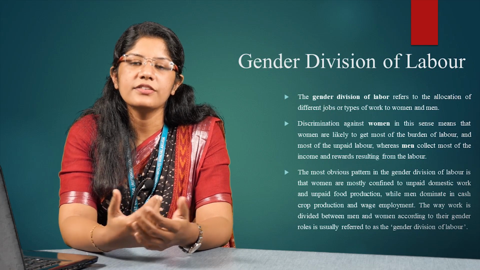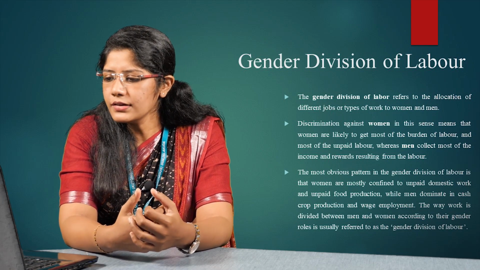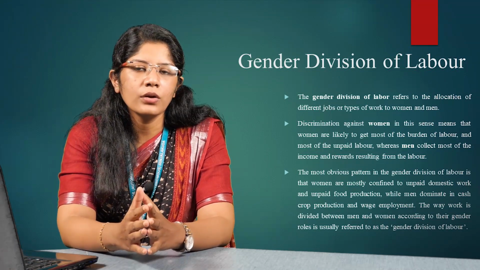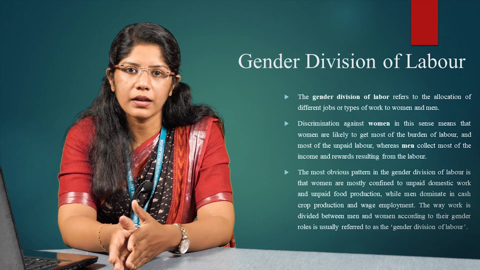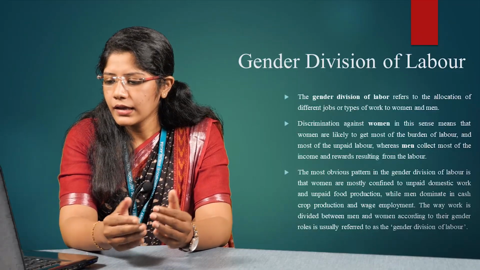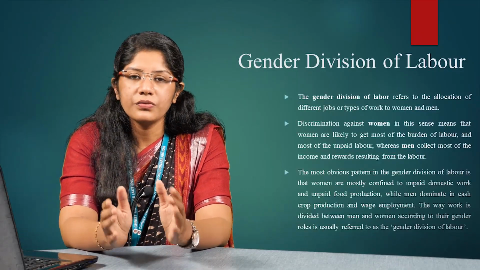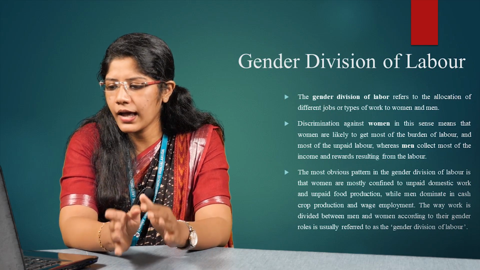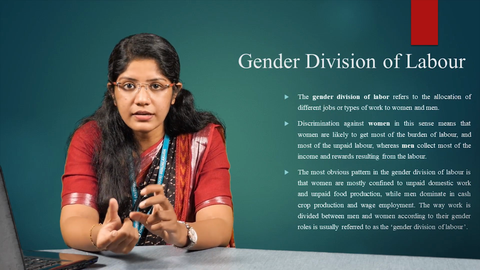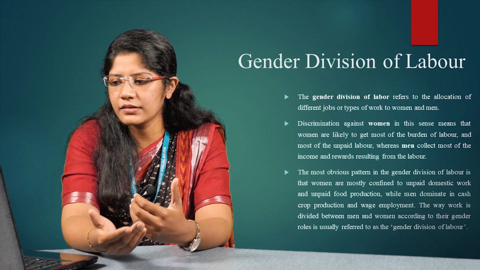The next concept is gender division of labor. Gender division of labor refers to the allocation of work differently to male and female. In other words, the way work is divided between men and women according to their gender is the gender division of labor.